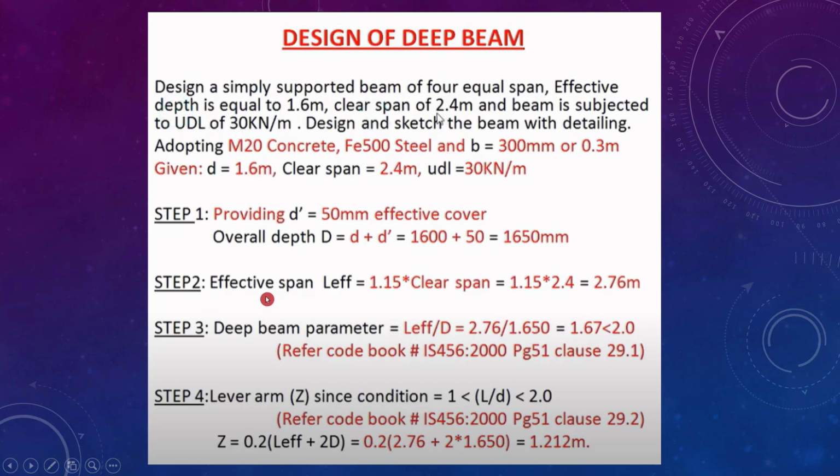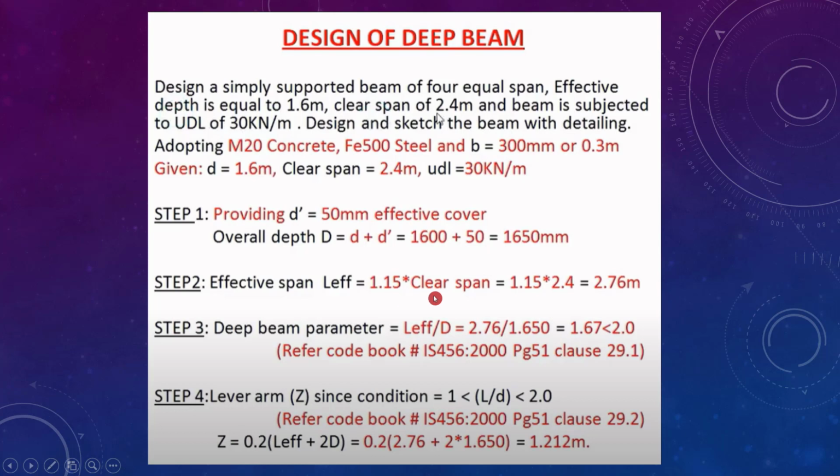Step 2 is to find the effective span. So we have just seen how to find the effective span. It should be either the distance between the centers of supports, or 1.15 times the clear span. So we are directly taking 1.15 into clear span here, as we are not provided with the center to center distance between the supports.